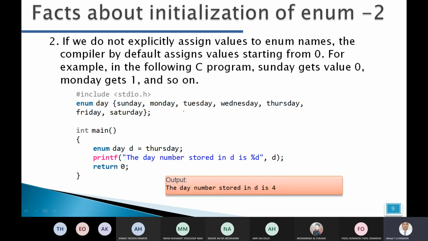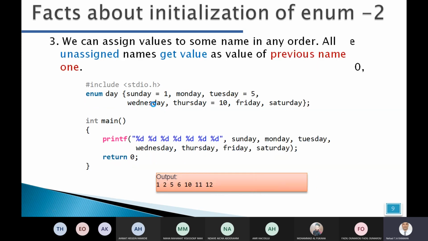Okay, let's see another fact. If we do not explicitly assign values to enum names, it will take values starting from 0, and every one will be plus 1 from the previous. So starting from 0, 1, 2, and so on. This we already know.